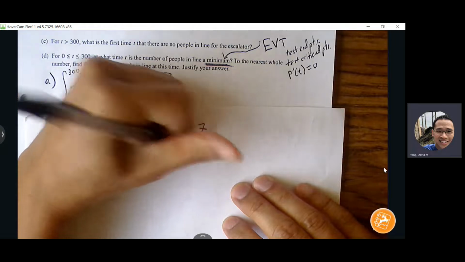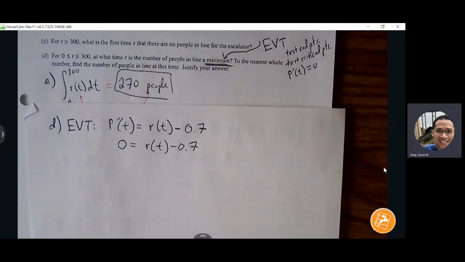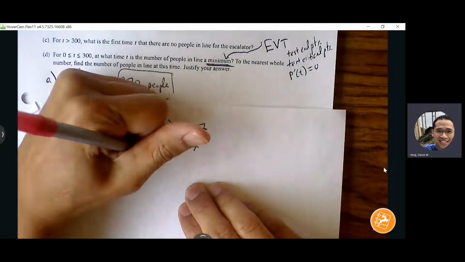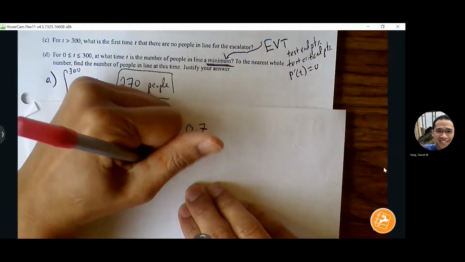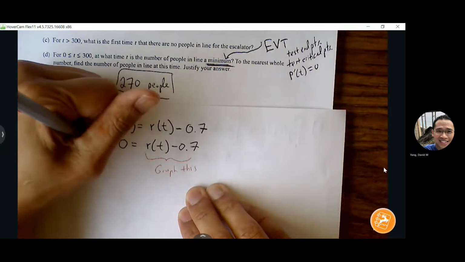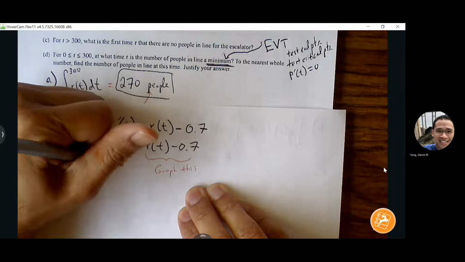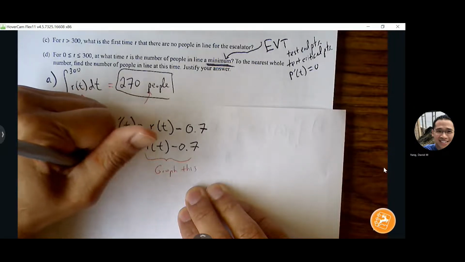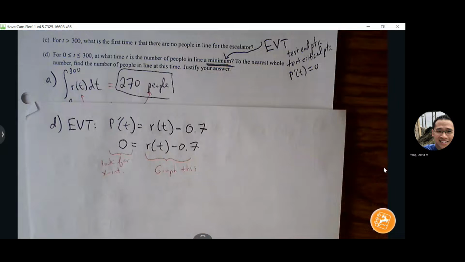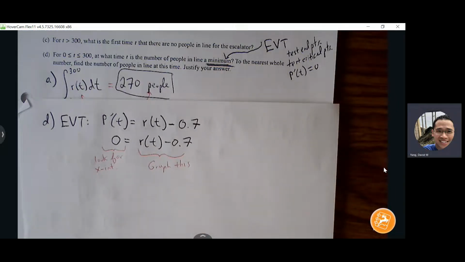And this is where we can use our calculator, right? Let's graph this function and look for the x-intercept. Okay, so I have my function here.